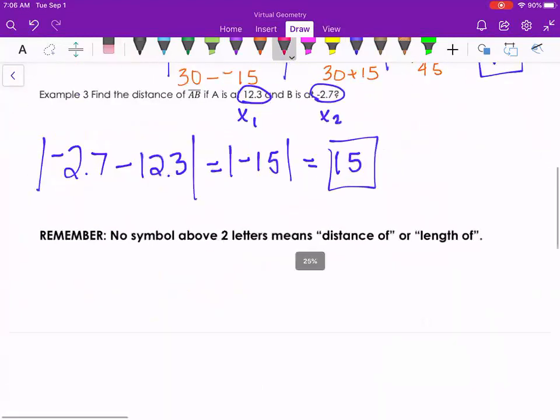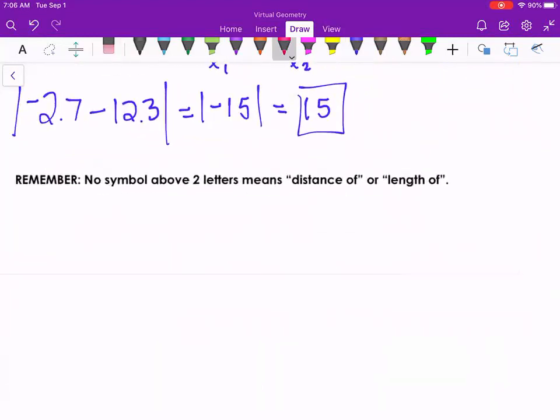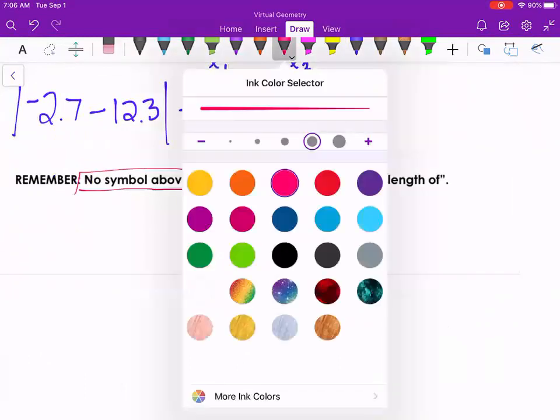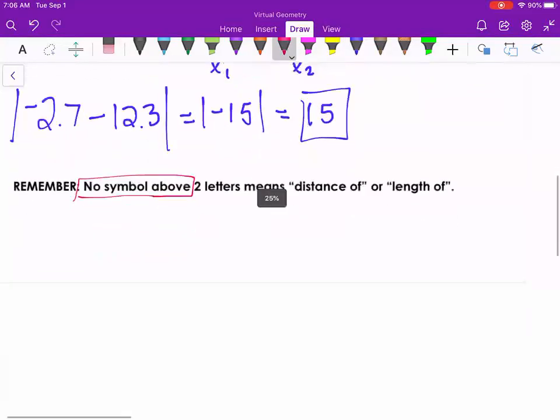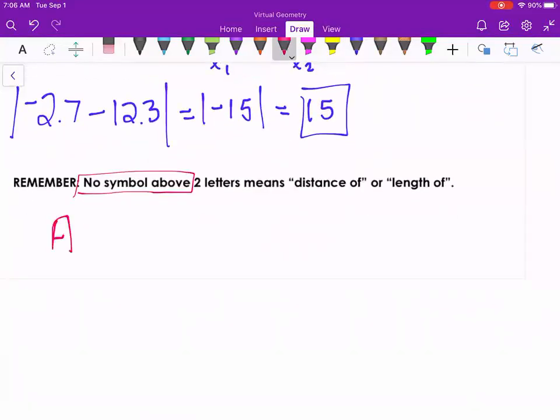Like it says down there on the bottom, if there's no symbol above two letters, that means the distance of or the length of. So if we were doing this last one, the length of AB, with no symbol up there, is equal to 15. We would read this as the distance of 15, or in this case, the length of segment AB is 15. Again, there's no symbol up there.